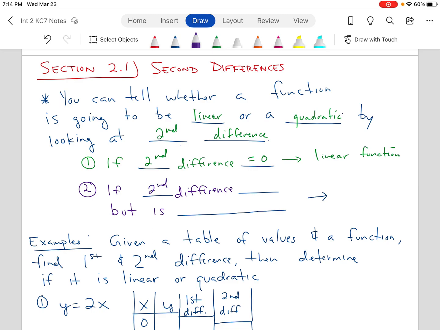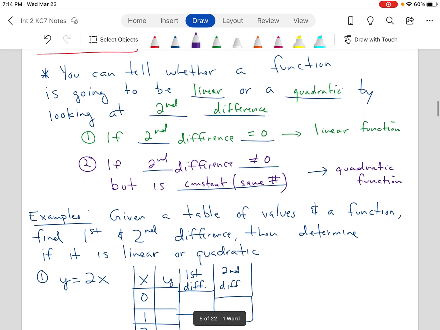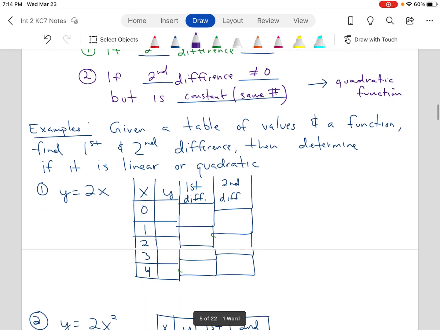If the second difference is not equal to 0, if it's some other number, but is constant, remember the constant means that it's the same number, then it is going to be a quadratic function. Okay? So let's go ahead and look at some examples.